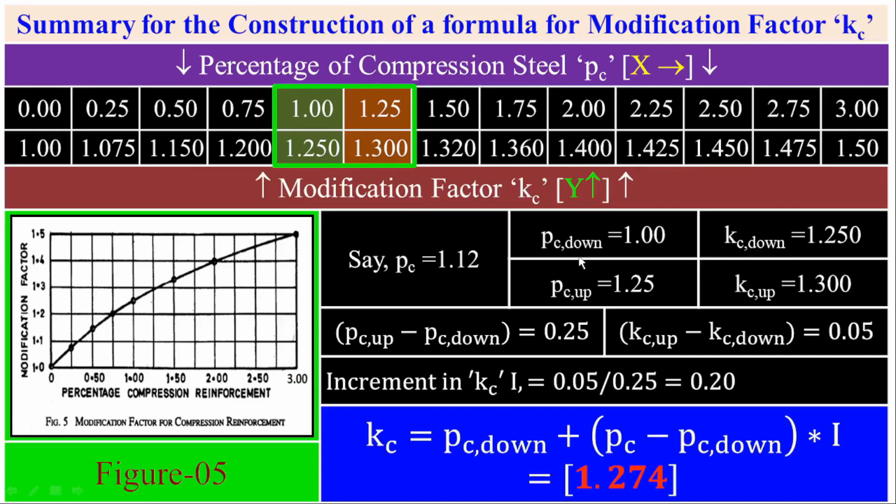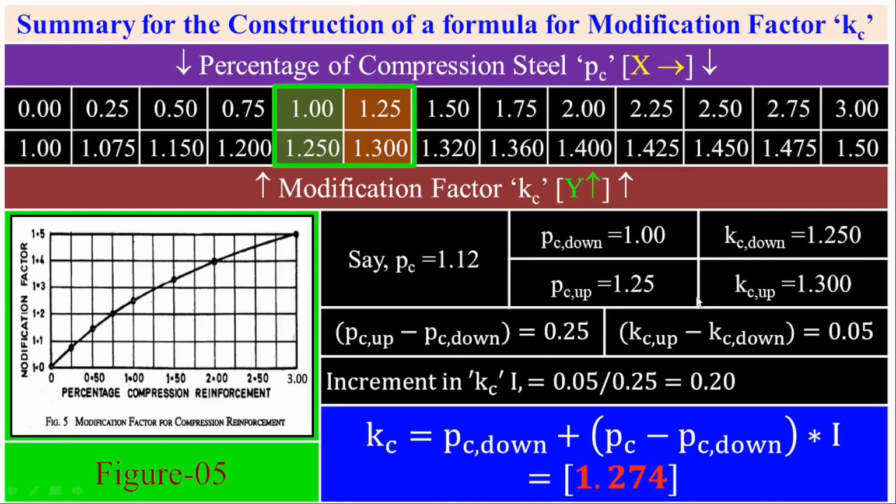Notice how these specific cells in the table are highlighted with different colors. We'll define these points. Let's call 1% PC down, and 1.25% PC up. Similarly, for KC, 1.25 is KC down, and 1.30 is KC up.